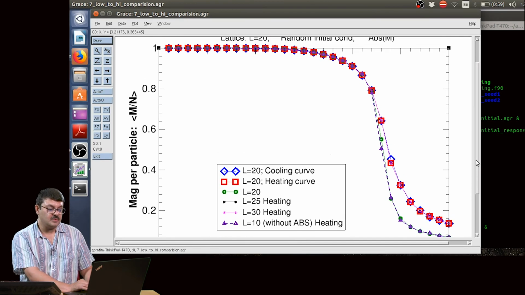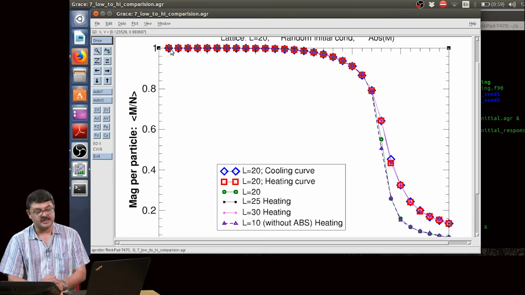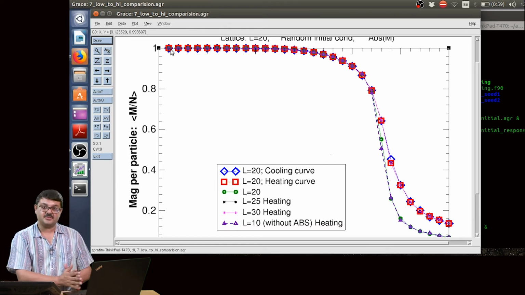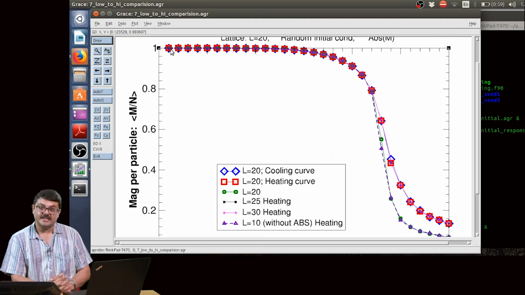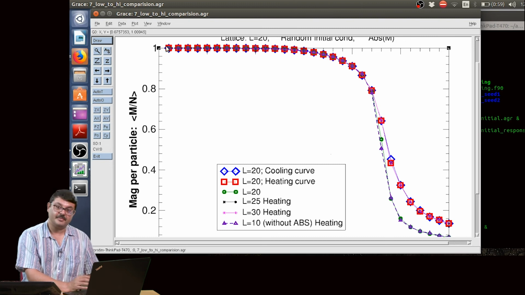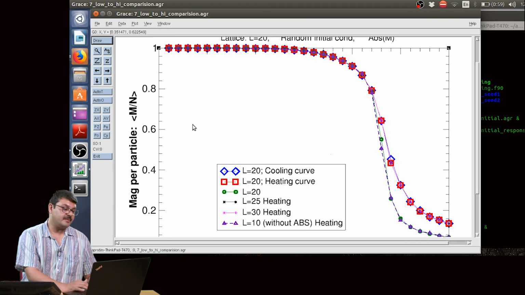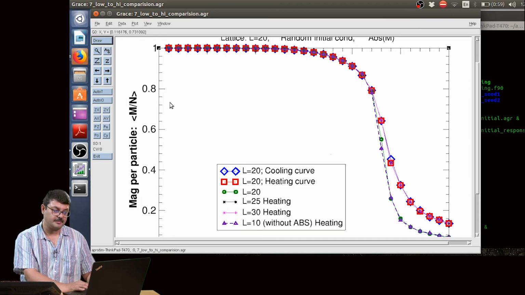However, let me tell you, sometimes in a heating curve, when you start at a low temperature from random initial conditions, once in a while it is possible that at low temperatures, where you have long relaxation times, the system does not reach equilibrium, because thermal fluctuations are so slow. The exploration of different microstates also becomes very slow, and sometimes one gets weirdly low values of magnetization at low temperature.